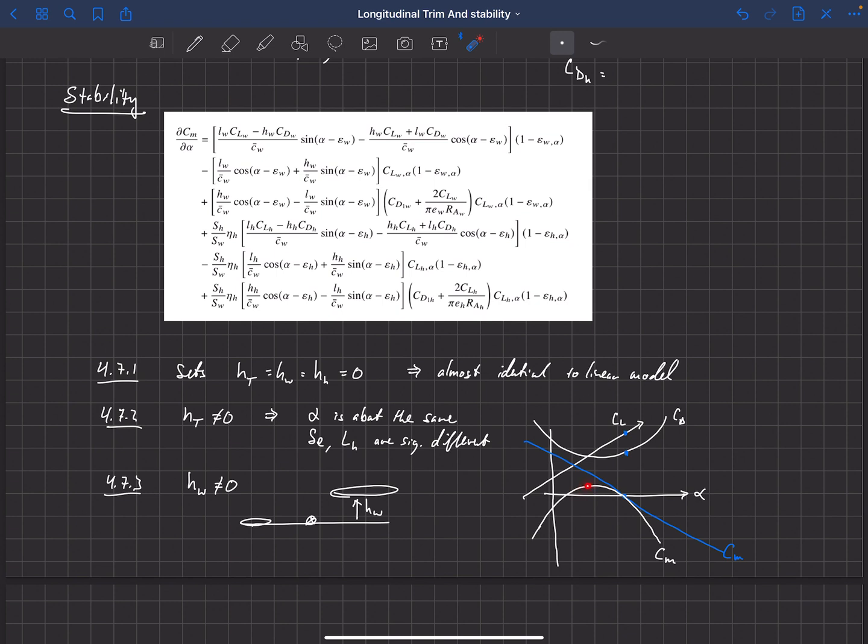We still have the correct sign on that restoring moment. It's going to bring us back to this point. But if we get an angle of attack that bumps us past this point here, now we have a negative pitching moment. It's less than 0, and we're at a really low angle of attack, and that will actually drive us to lower angles of attack, to more negative angles of attack.